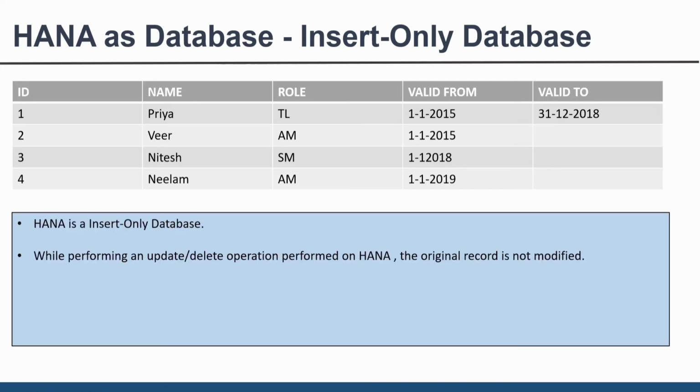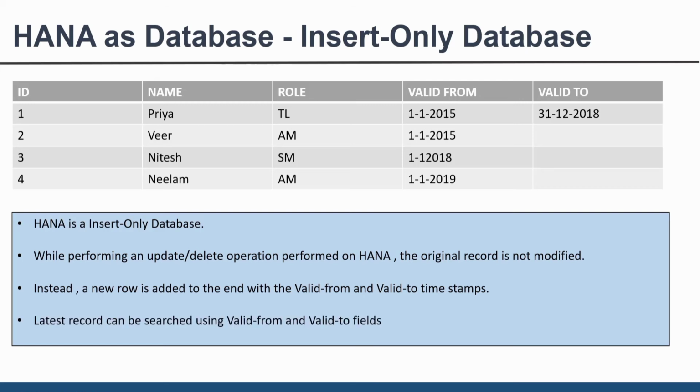That means when you do the update or delete operations in HANA, the original record is not modified. Instead of that, a valid from and valid to timestamp is added in the record, and then the latest record can be searched using the latest valid from and valid to timestamp.